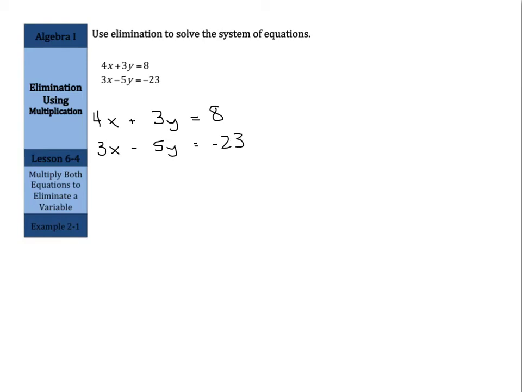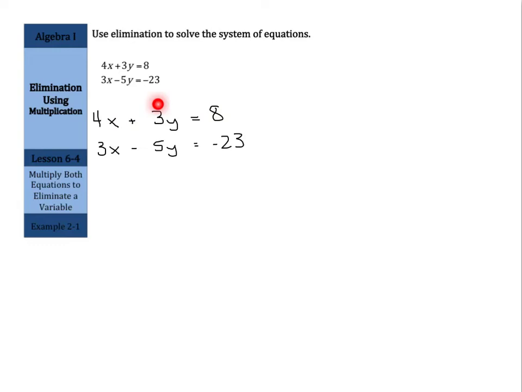Now how can we recognize that we need to multiply both equations? Well, unlike the first example, there's not a single number that I can multiply anything in my bottom row by to eliminate anything in the top. I need to multiply both.